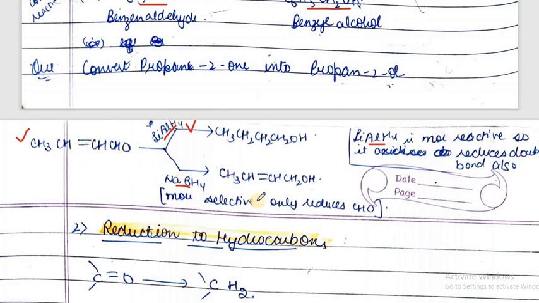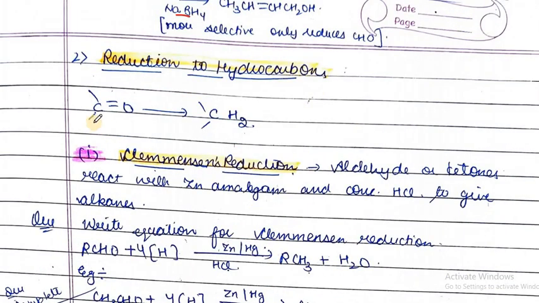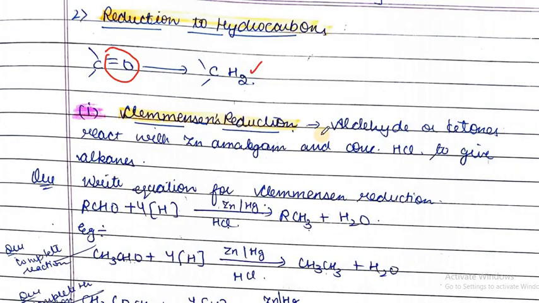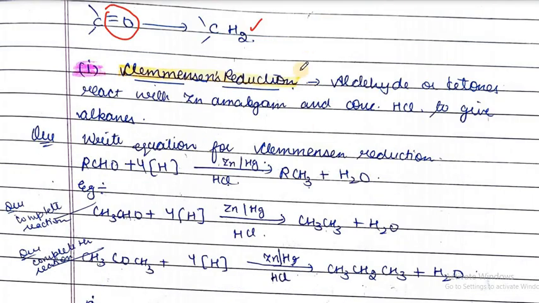So next is reduction to hydrocarbons, that is the C=O group is reduced to CH2, and in this we have first Clemmensen reduction, then Wolff-Kishner reduction, then reduction with hydrogen iodide in the presence of red phosphorus. First is Clemmensen reduction.